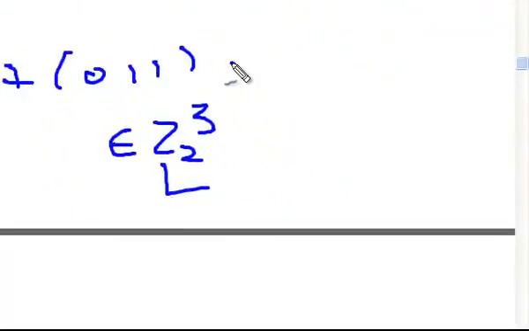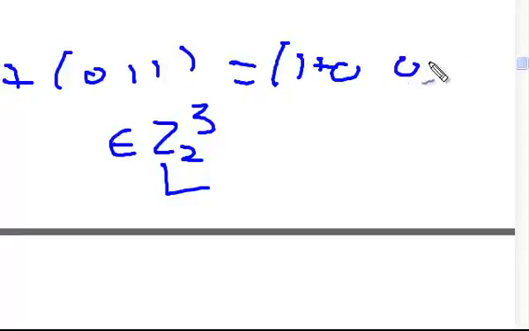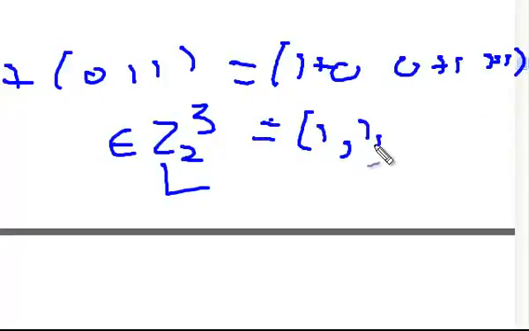If I add these two, what I do is I add the corresponding coordinates mod 2. So I'm going to add, there's going to be 1 plus 0. The next one is going to be 0 plus 1. And then the last one is going to be 1 plus 1. And I'm adding mod 2, so that's going to be 1, 1, 0. Okay, so that's how you add two code words. You add each component mod 2.